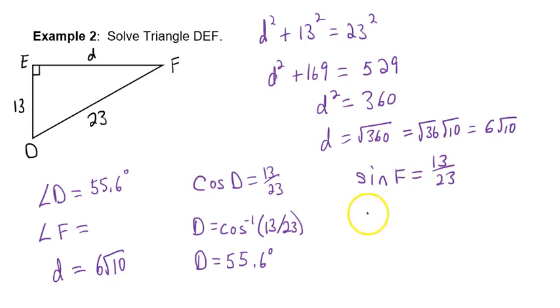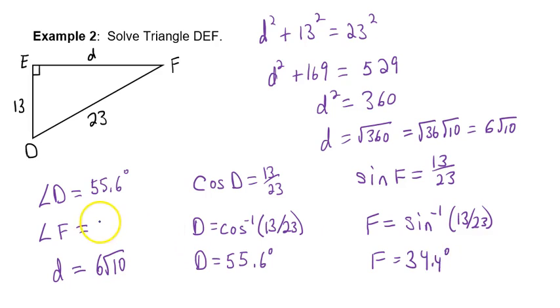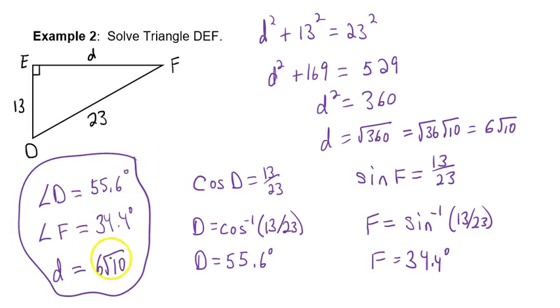Again, I'm missing the angle, so I have to do an inverse. This time it will be the inverse of sine, so sine inverse 13 divided by 23 in my calculator, and that should give me 34.4 degrees. So 34.4 degrees. And these are all the missing pieces, so that should complete my answer. I have answered everything they asked.